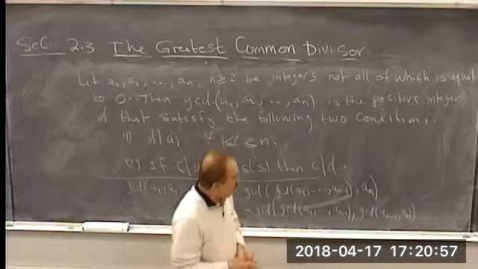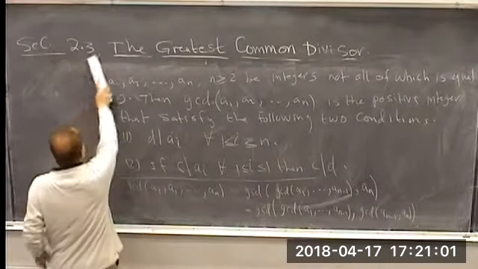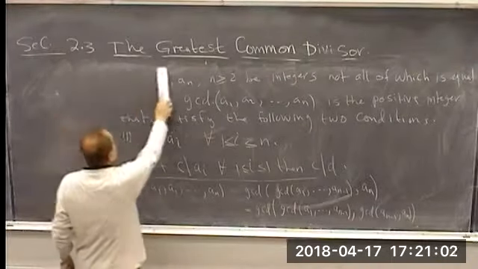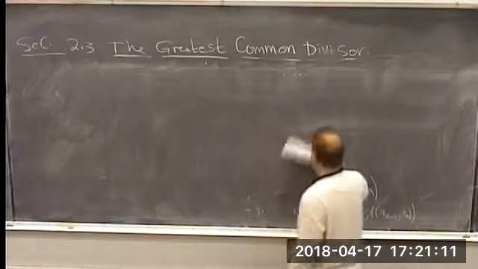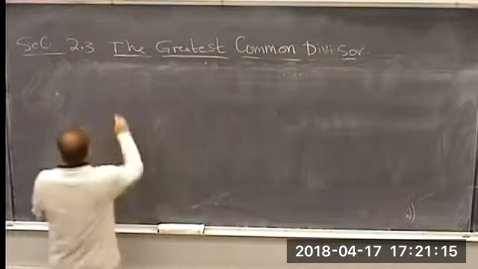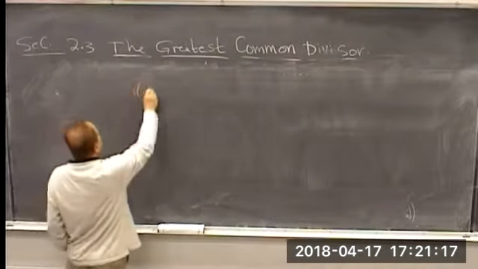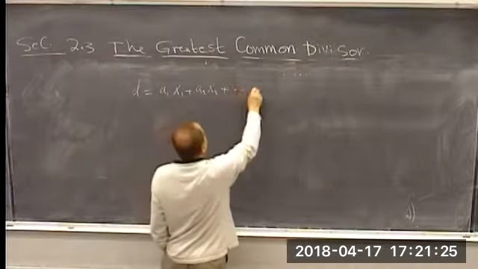All right, and also it is not hard to prove that D is going to be a linear combination of all the AIs. So the greatest common divisor also satisfies this, means D we could express as A1 x1 plus A2 x2 and so on.